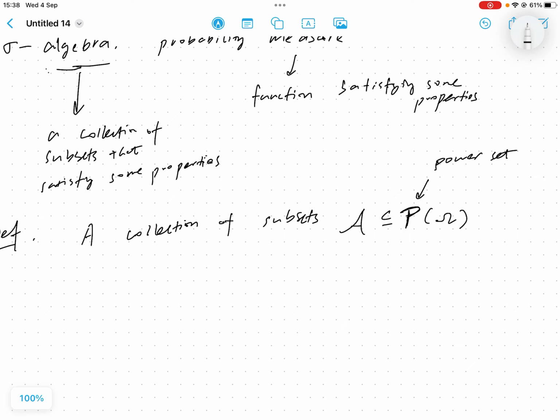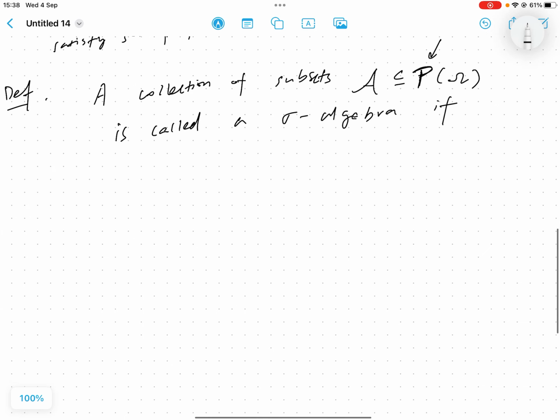This collection of subsets is called a sigma algebra if it satisfies some properties.